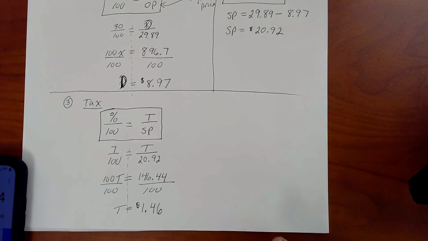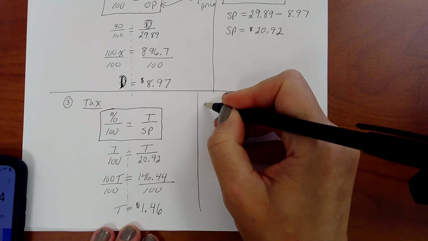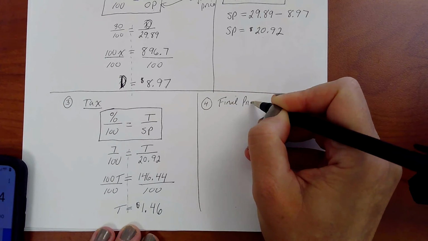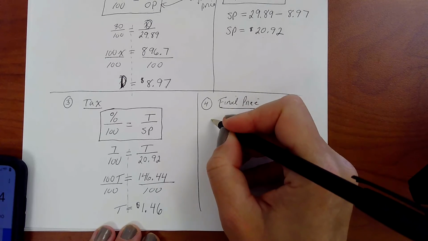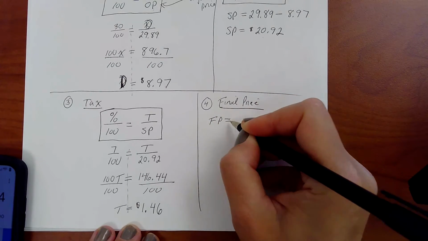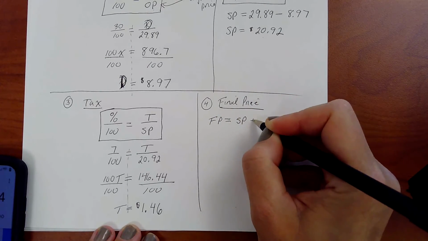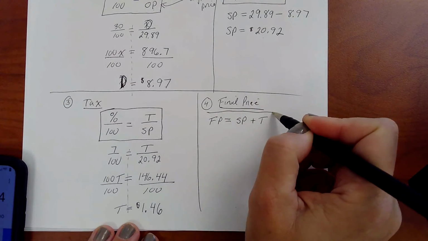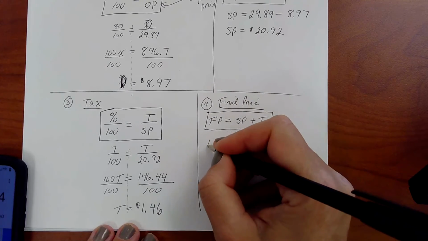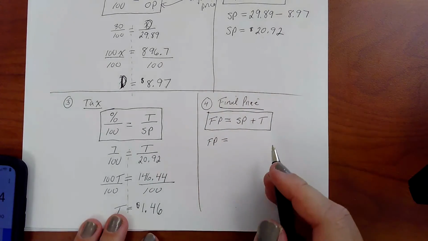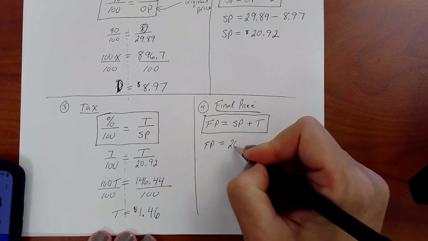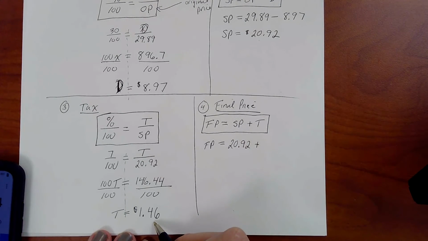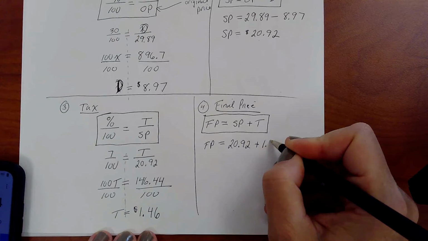Not too bad. All right, and then the last thing we would figure out is the final price. And the formula for that final price is always the sale price plus the tax. All right, which makes sense. We have to pay the $20.92, thanks to our coupon, plus the $1.46 tax.